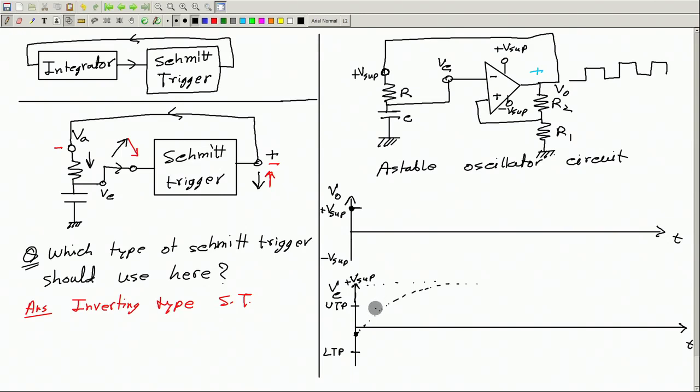Okay. So, what will happen the moment it reaches this upper trigger point here, it will not increase any further. At that moment, the output will change from positive to negative.